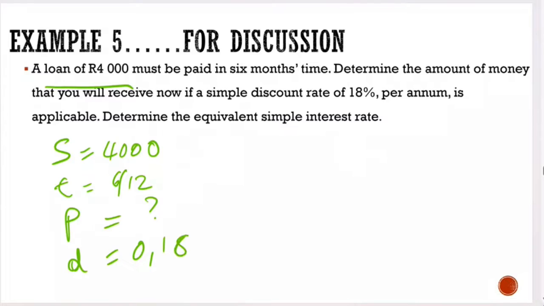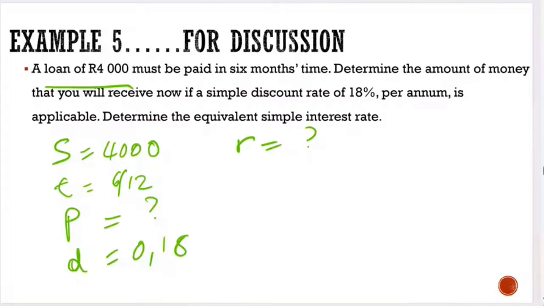But then you don't know, you're asked to find your P, and then you also have to find your interest rate. So now here, the questions that you have to ask yourself: what are the formulas that I need to use?